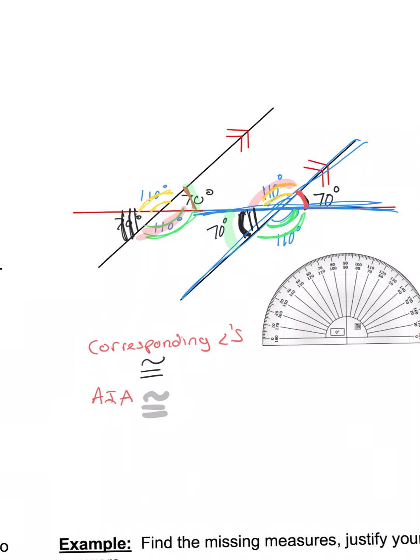Then we've got alternate exterior angles. Remember that alternate exterior angles are on the outside of these two parallel lines and on different sides of this transversal. Let's see if I can pick a different color here.